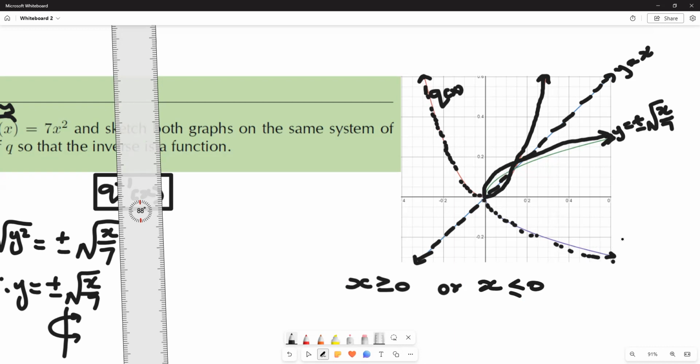It's always x is bigger than or equal to 0 or x is less than or equal to 0. But in simple explanation, you're always going to go to the x value on the turning point and say x is greater than or equal to that value. If it was 2, you're going to say x is greater than or equal to 2, or x is less than or equal to 2. Does that make sense?